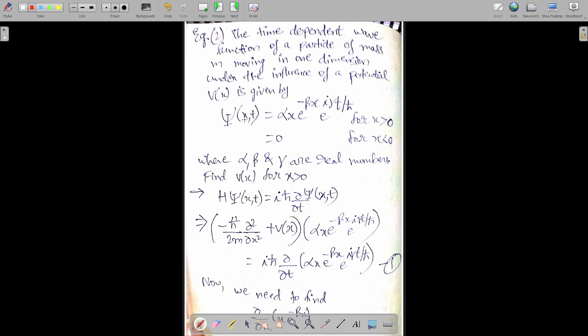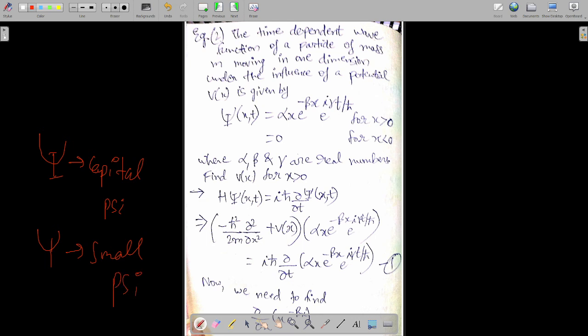So H psi equal to i h cut del psi by del t, psi of x comma t. Now this is basically your capital psi. I had told you in the previous classes that this corresponds to capital psi, and this corresponds to small psi.